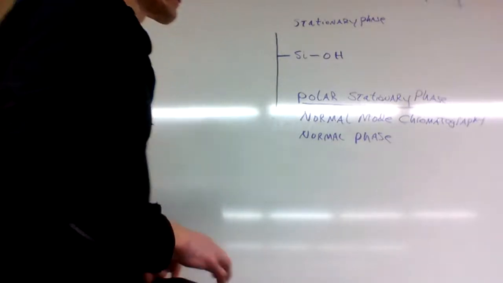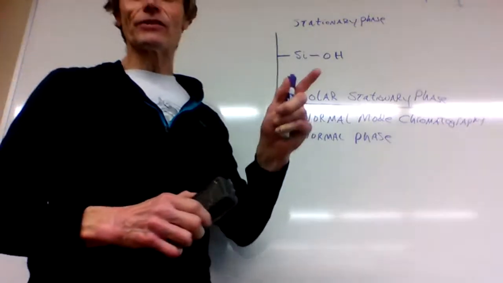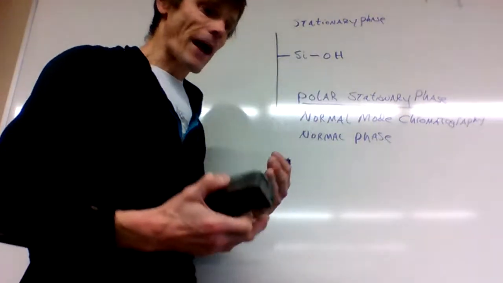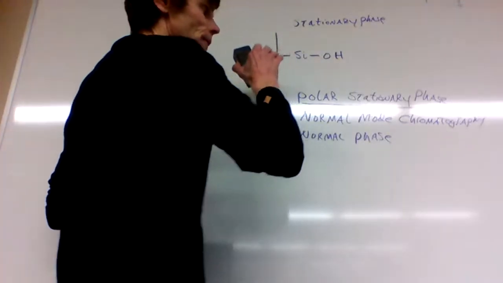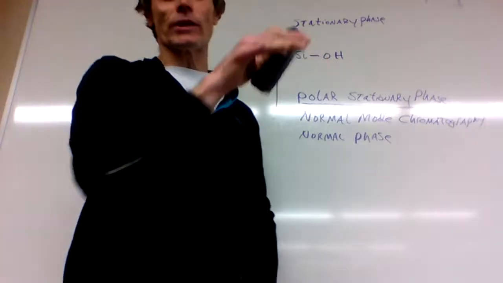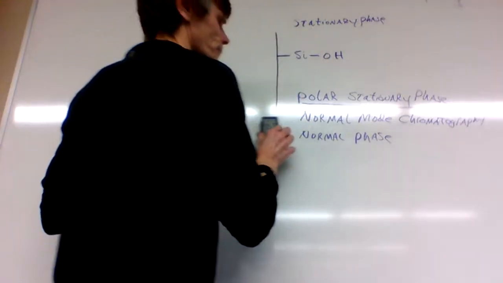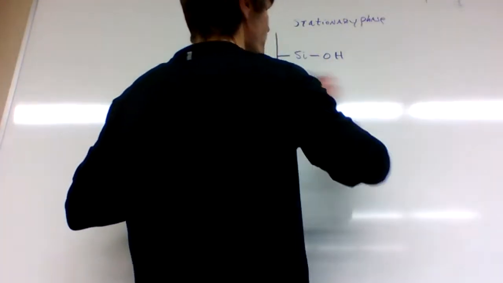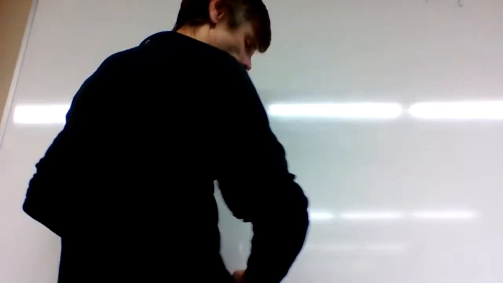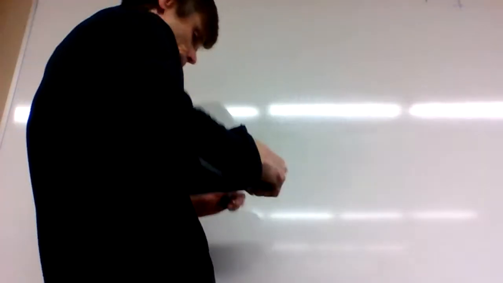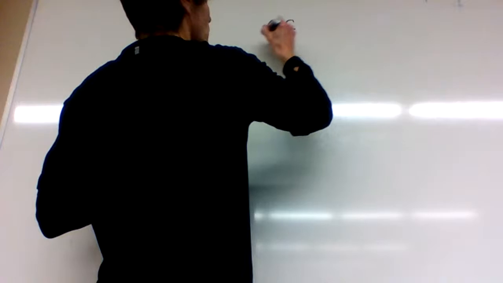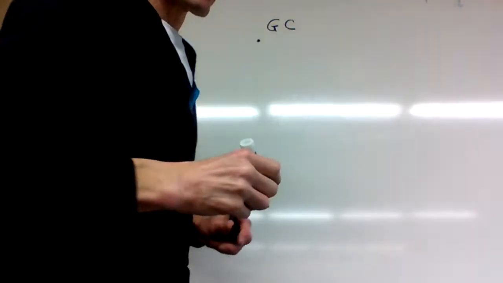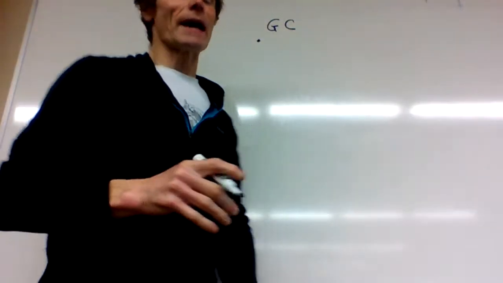So, now let's discuss the two factors that influence our separation. Again, the nature of the stationary phase is very important. So when we think of separation of a species in GC, there are two factors that we have to consider.